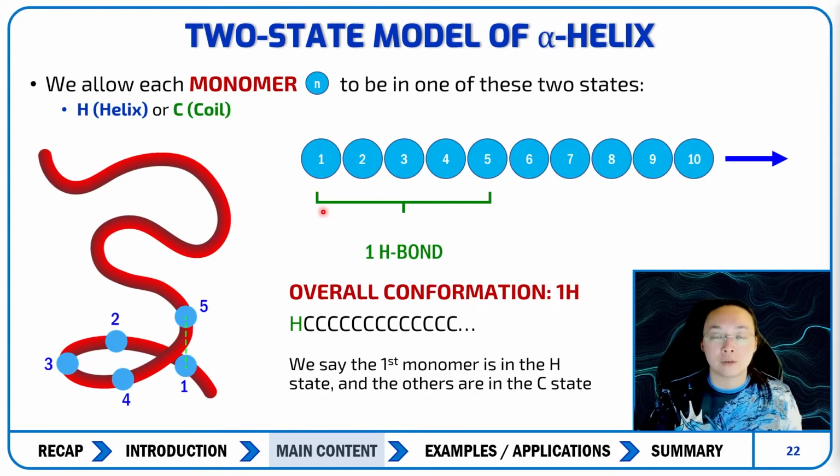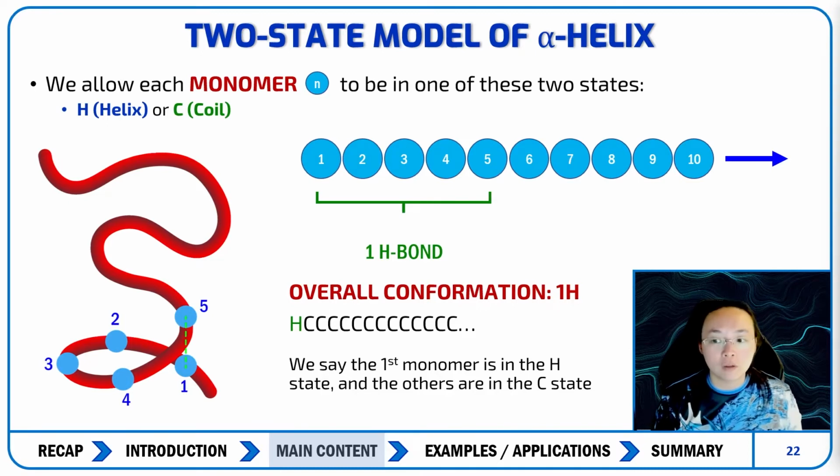So this problem already tells me where the hydrogen bond exists. It's between 1 and 5. So I can draw a hydrogen bond between 1 and 5 over here. So we can represent this in sequence form, where we draw one line to connect monomers 1 to 5. That's called sequence form. And then this is called the graphical form.